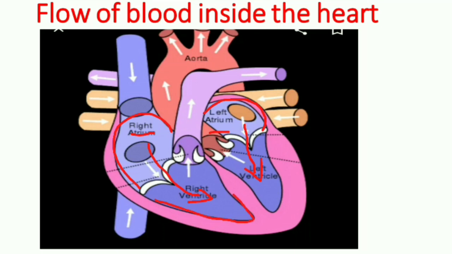The walls of the ventricles start to contract and thereby push the blood to the pulmonary artery and aorta. Once the ventricle pushes the blood, it relaxes. So the continuous contraction and relaxation of the heart chambers makes the blood flow.